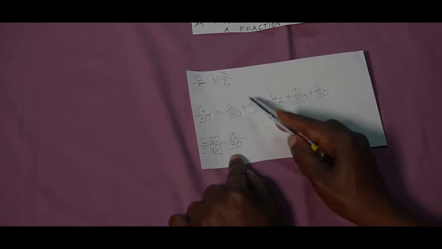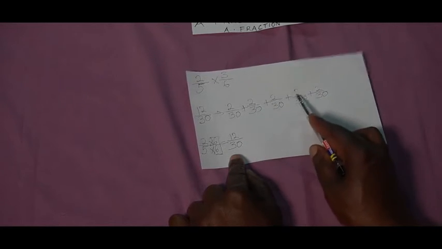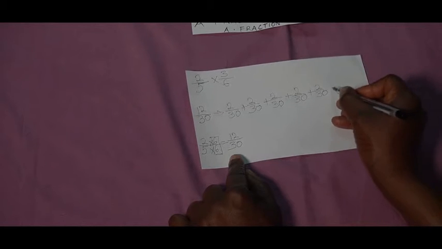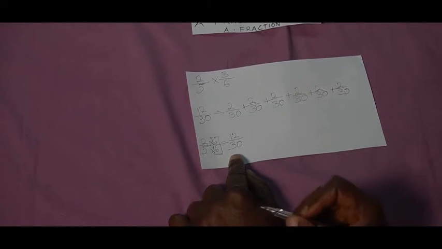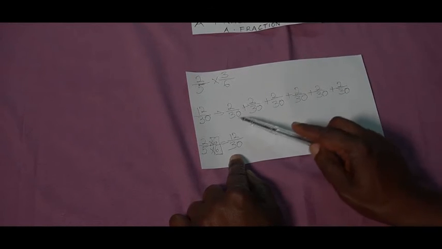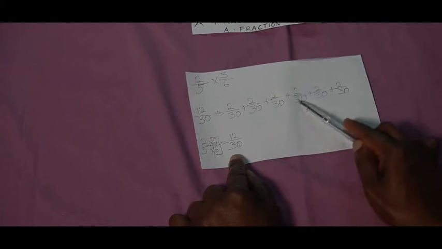So now I have my groups of 6. 1, 2, 3, 4, 5, 6.